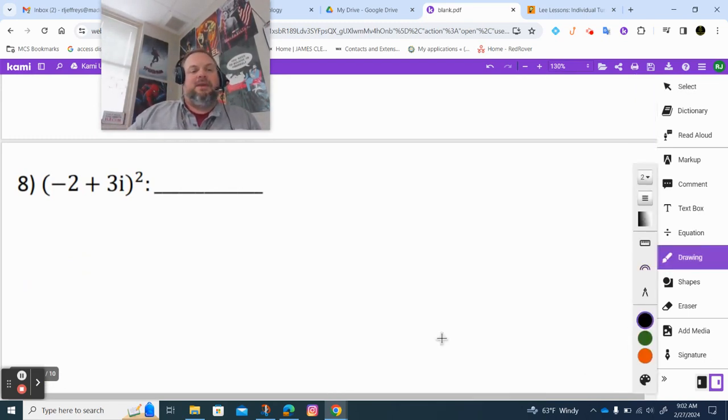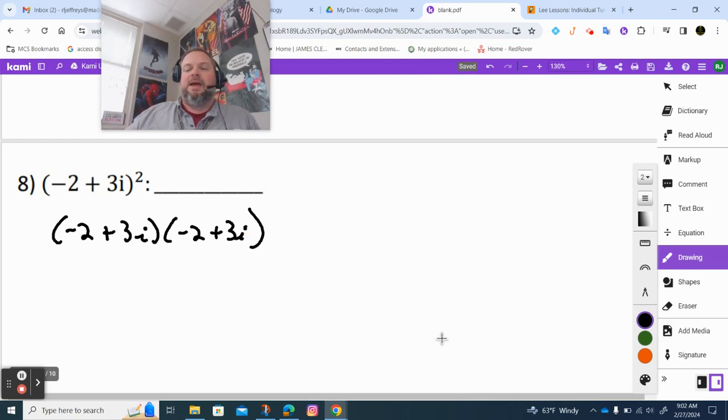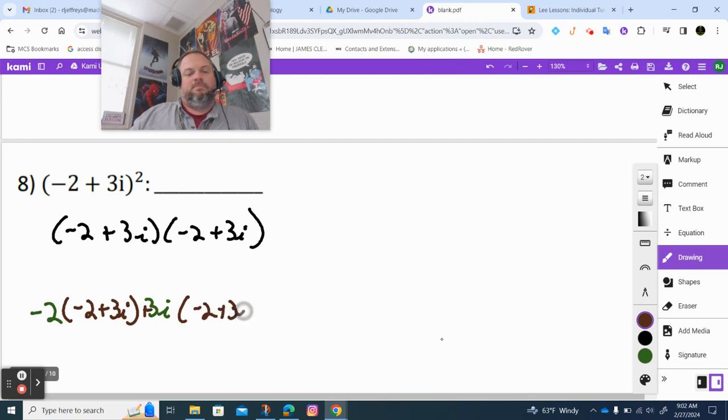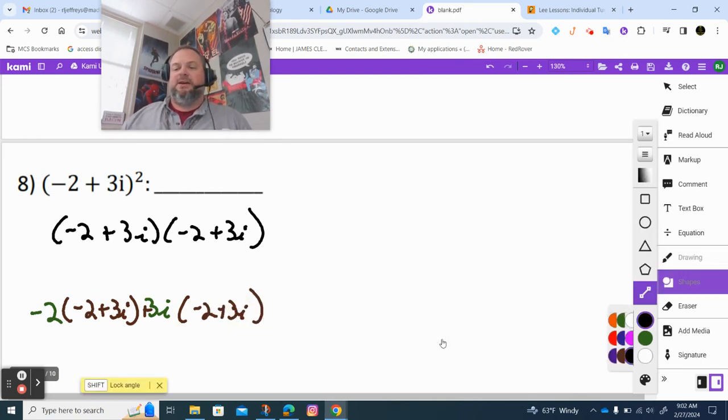All right. Remember, when we have this, it's basically saying... Now, if we were setting it up as double distributive, or if we were setting it up like the box method.